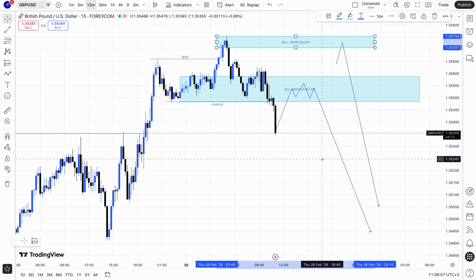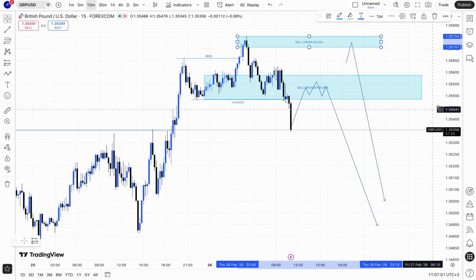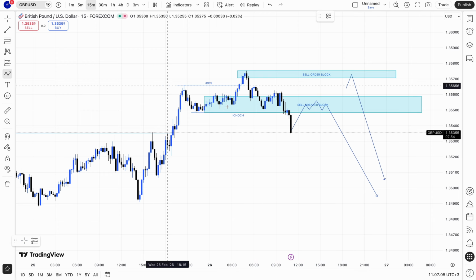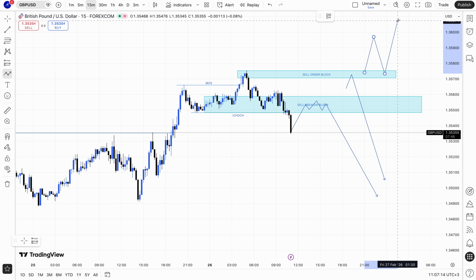Then you look for sales. That's scenario number 2. Then scenario number 3 is also going to be very simple. If the price still disrespects this sell order block, then you're going to wait for the break, then a retest, then you look for buy confirmation here, then you continue buying.